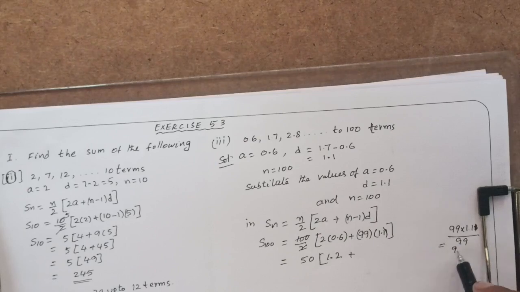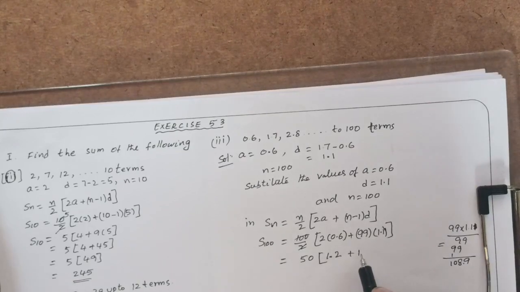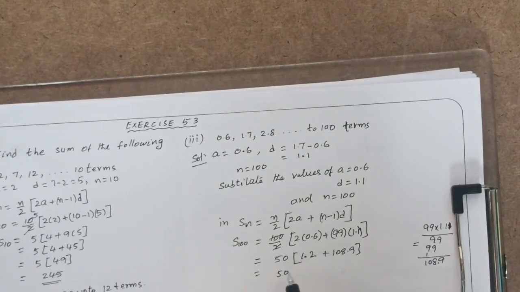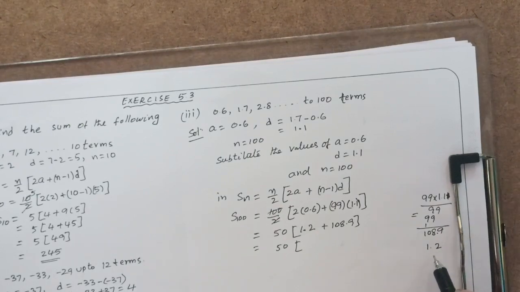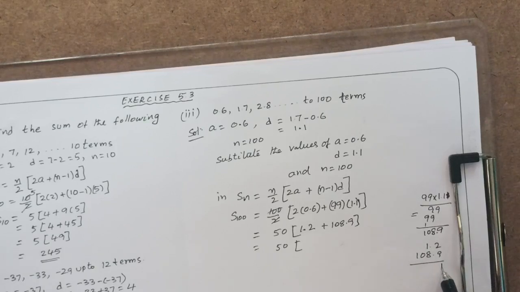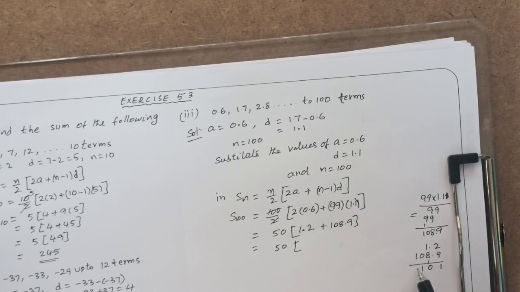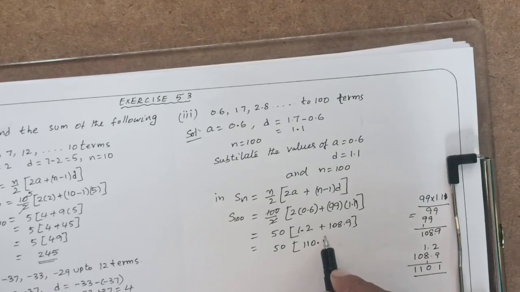99 into 1.1 gives 108.9. So it is 50 into 1.2 plus 108.9. Adding these two gives 110.1.